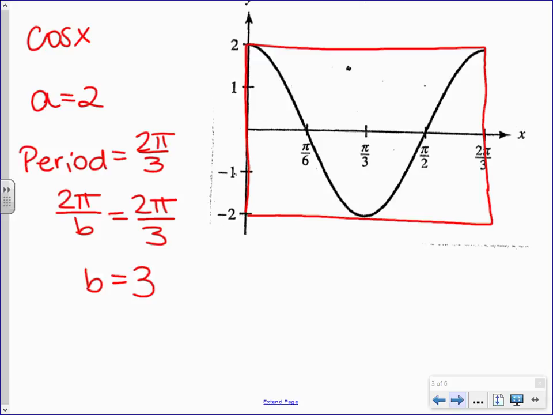Now, here is where you need to be very, very careful. Remember that your starting point is where the frame starts. Hannah, where does our frame start? Our frame starts up here.